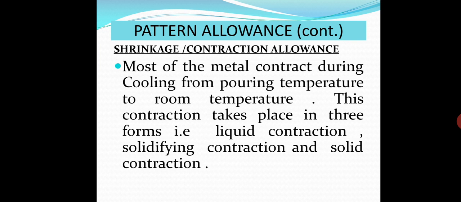This contraction takes place in 3 forms: liquid contraction, solidifying contraction, and solid contraction, depending on the stage where the contraction occurs. When the contraction occurs in the liquid state, it is known as liquid contraction.